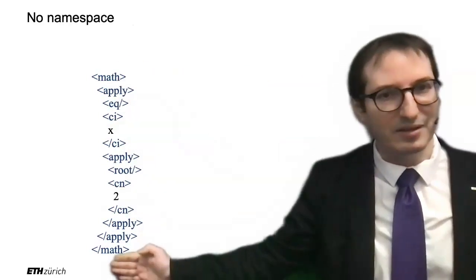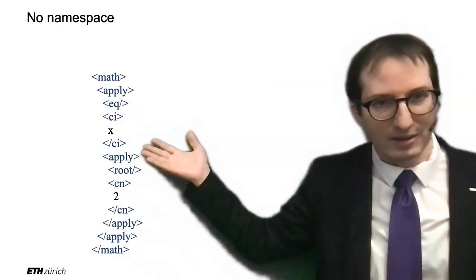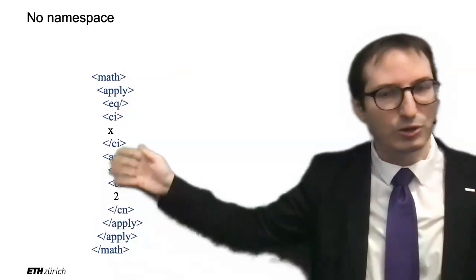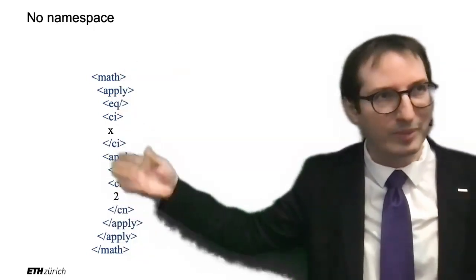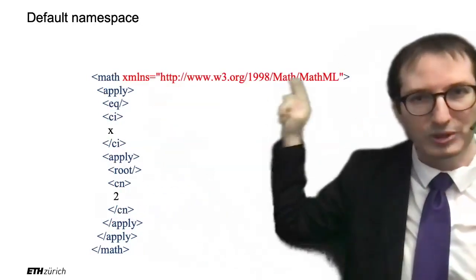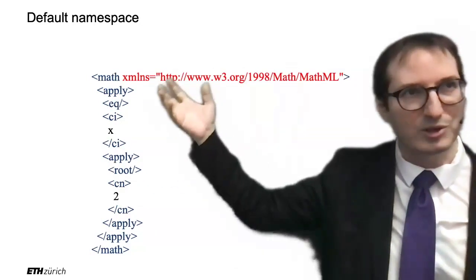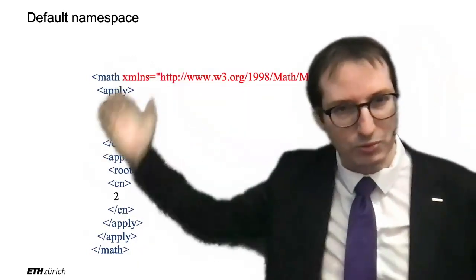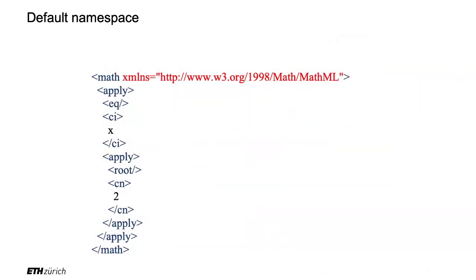Now, if you do it like this, then there is no schema for this. So here you could do anything you want, but you have no idea if you're doing it right. So again, the idea is that the moment you put it in a namespace, it makes it possible to actually tie it to a schema for that namespace and then constrain the structure of the documents.